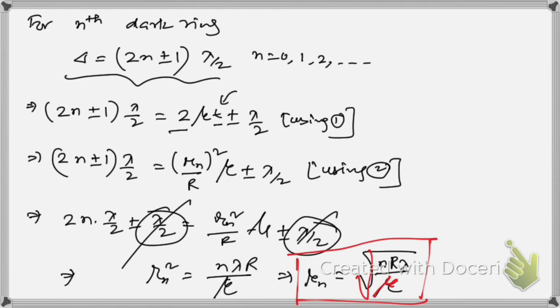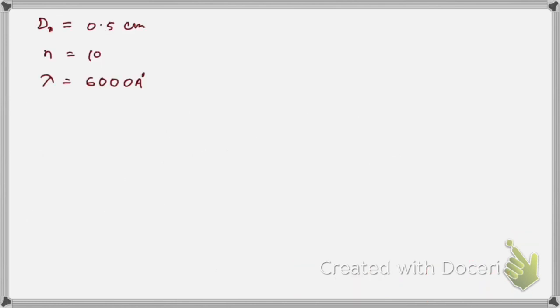This is the expression for the radius of nth dark ring, right?